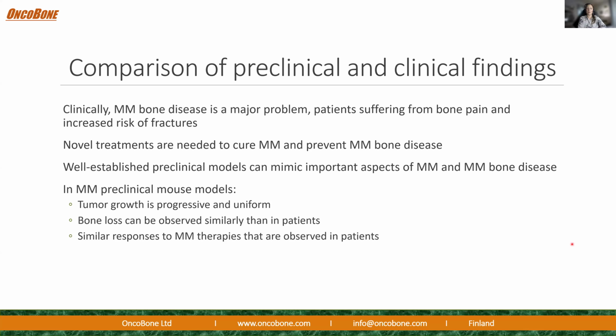And you would also see this bone loss compartment happening, because that is really important when we are thinking about the disease overall. Lastly, it's really important that the models are tested against reference items like bortezomib in the last example, and you can see those similar responses that are expected with the patient outcome.